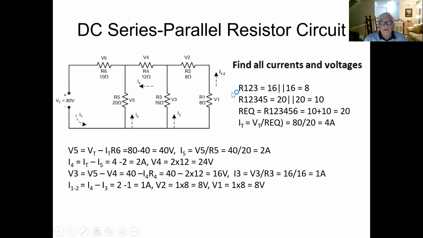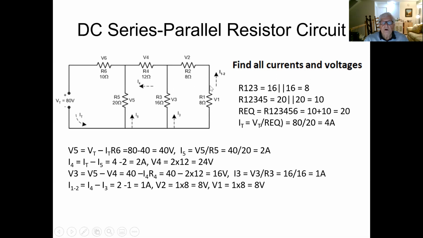So first we find an equivalent resistance. Resistor 1, 2, and 3. What's the equivalent? We notice that R2 and R1 are in parallel to R3. So R2 plus R1 is 8 plus 8, which is 16.